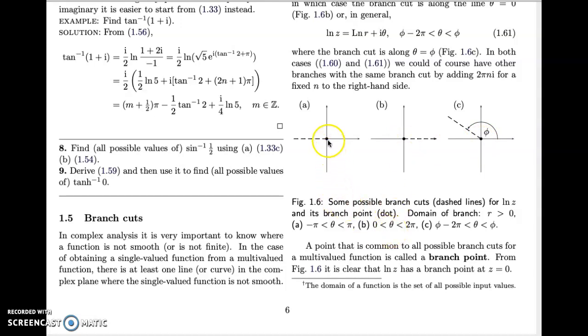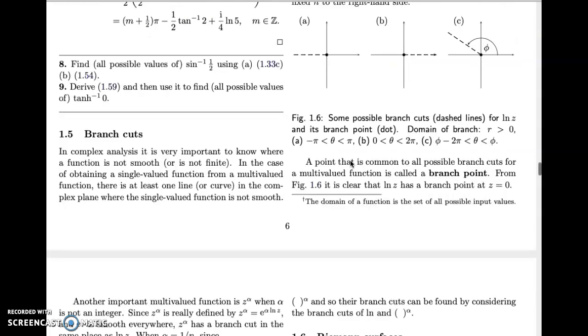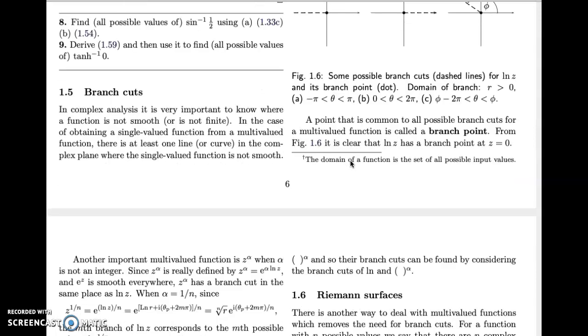It's fairly obvious that log z has a branch point at z equals 0. This all maybe seems a little bit abstract until we come on to some more concrete examples.